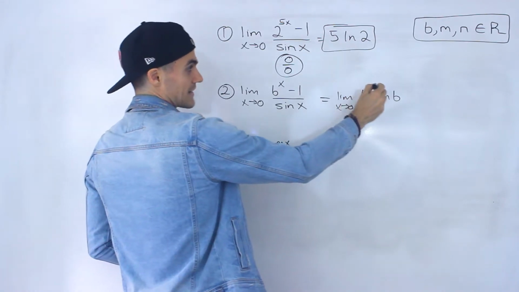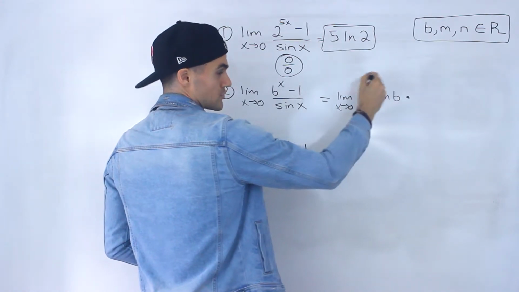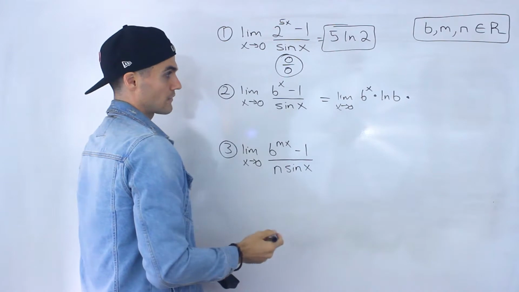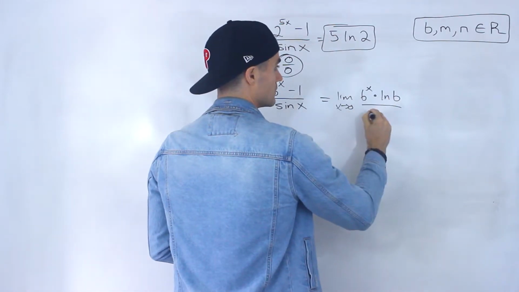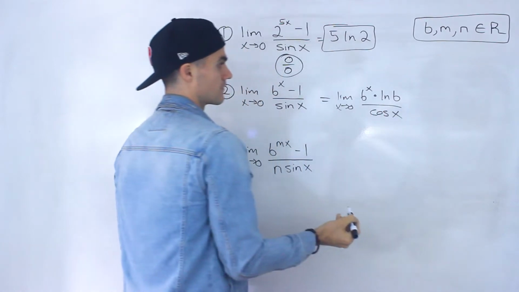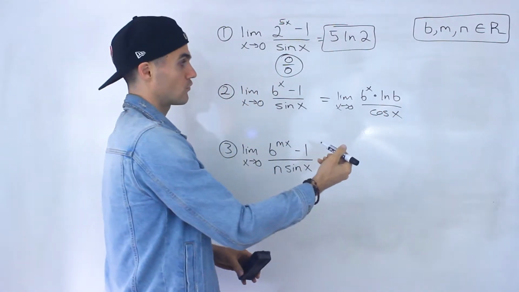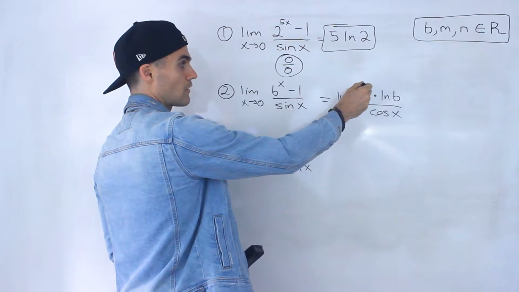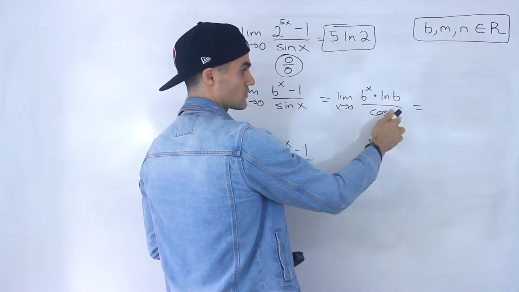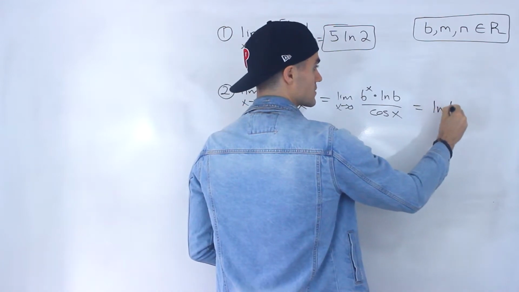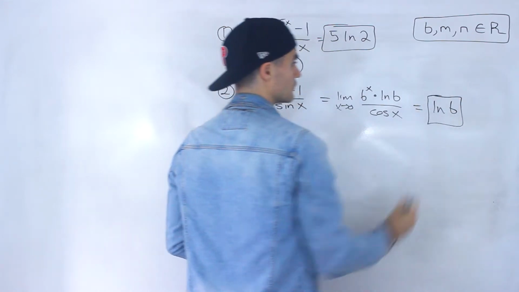Then it's like multiplying by the derivative of x, which is 1, so we don't have to write that 1. And the derivative of sine x is cos x. Now we can plug in 0 for all the x values. We'll have 1 times ln b, which is just ln b, and cos of 0 is 1. So the answer ends up being ln of b.